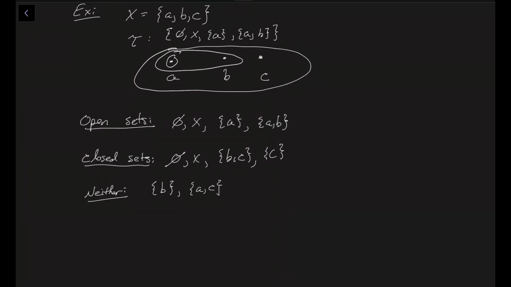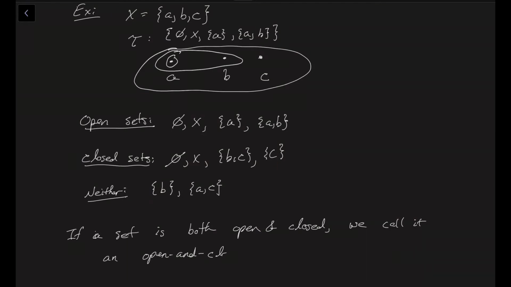So the empty set and X are both in the complement, so they're both closed. Then we can take the complement of A, that's BC, and the complement of AB, which is C. But then we have some things left over. So we have the subsets B, singleton B, and the subset AC of X. And since they're not open and they're not the complement of an open set, they are neither open nor closed.